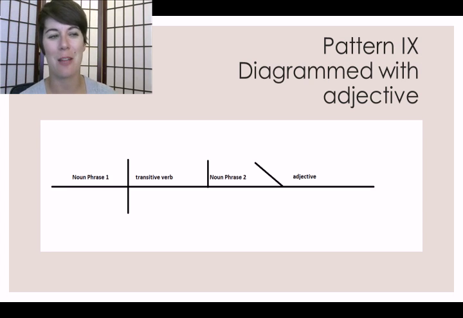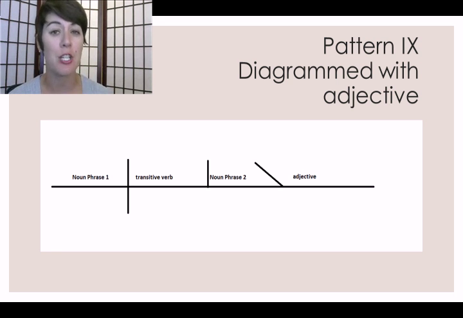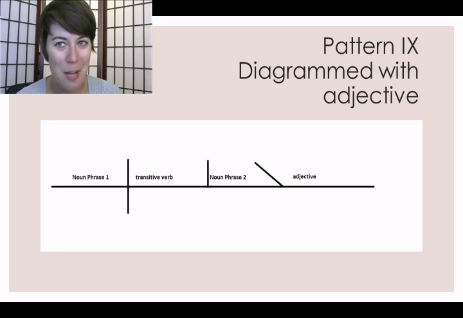Here's what the diagram looks like for pattern 9 when we're just using an adjective. NP1 is the subject, transitive verb, NP2 in the direct object slot, and the adjective in the object complement slot, you'll notice with its diagonal line slanting towards the thing it's complementing, in this case, the direct object, NP2.